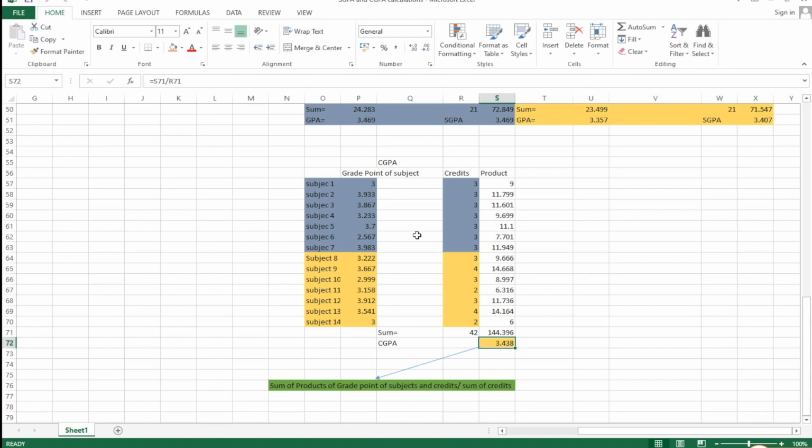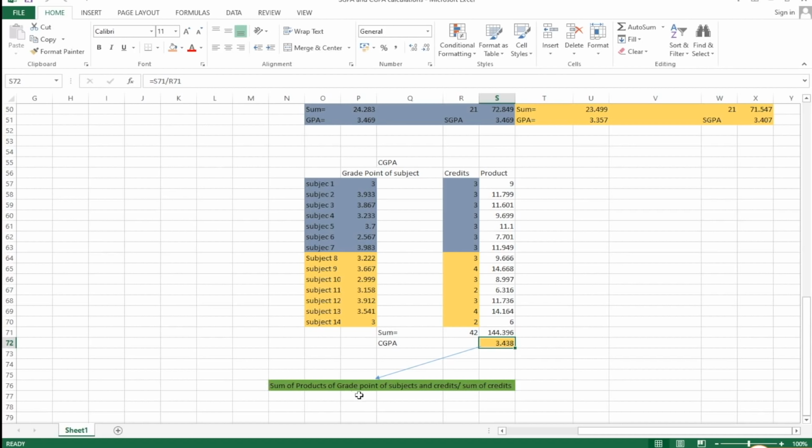Finally, for the final semester, by accumulating all the grade points of the subjects and the credits, you will be able to calculate the CGPA till the end of the 6th semester for a 3-year course, or till the end of the 8th semester for a 4-year course. The process will remain the same.